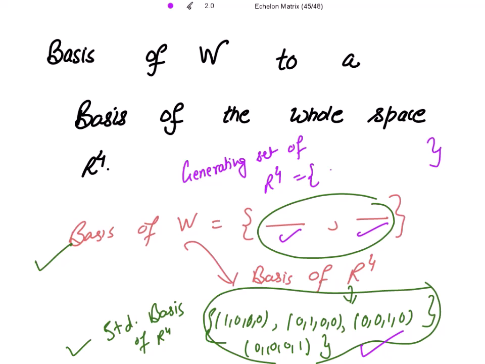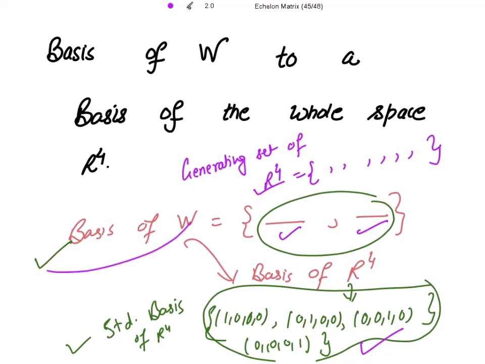From these generators of R4 we get an echelon form matrix, and from that we get the basis of R4. That basis for R4 is nothing but the extension of the basis of W to the whole space R4.